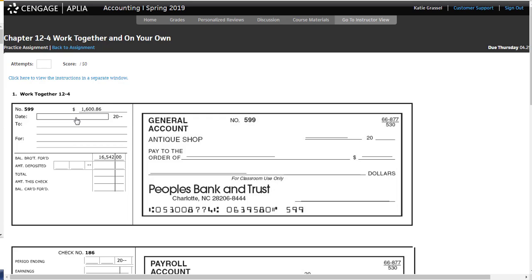The date is going to be July 15th. So we're going to do 7/15. And we're going to make it payable to payroll account. And then I'm going to put in the account number of 0639583. Why would I put the account number with it?